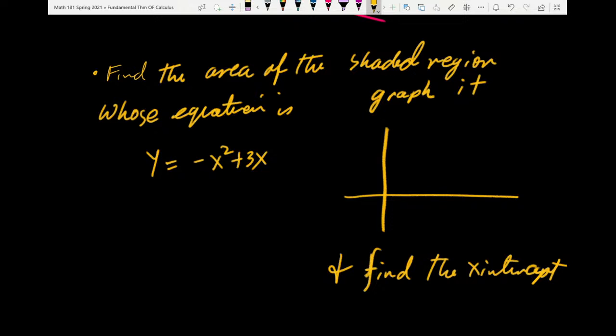If you would have graphed it, this would have looked like an upside down parabola. For the two x-intercepts, you just set it equal to 0 and solve for x, and you would have had 0 and 3. So again, you're just finding the area, the integral of negative x squared plus 3x dx.